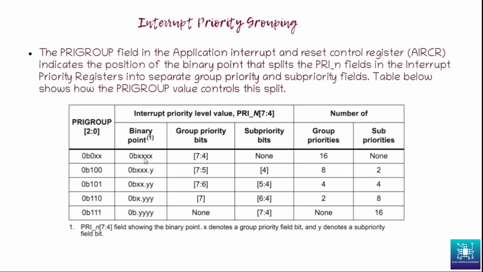Then the group priority bits are 7:4. Okay, 7:4 in this setting means all the bits are group priority, no sub priority. So there are 16 priorities. Let me try to draw this and explain it so you understand it better.